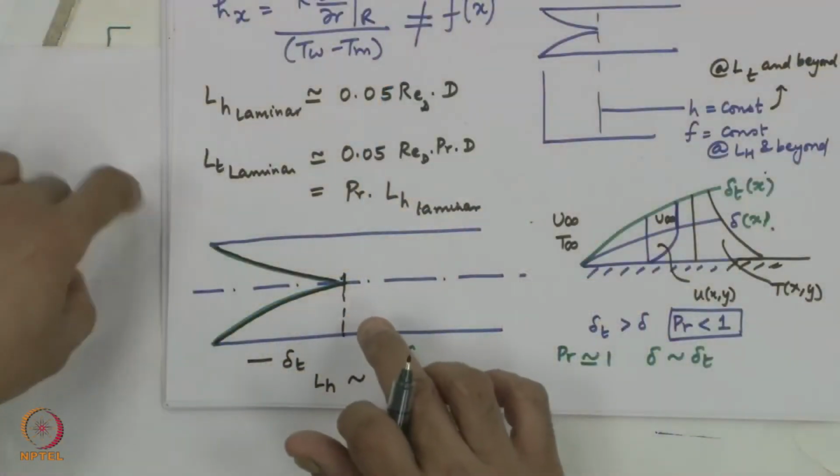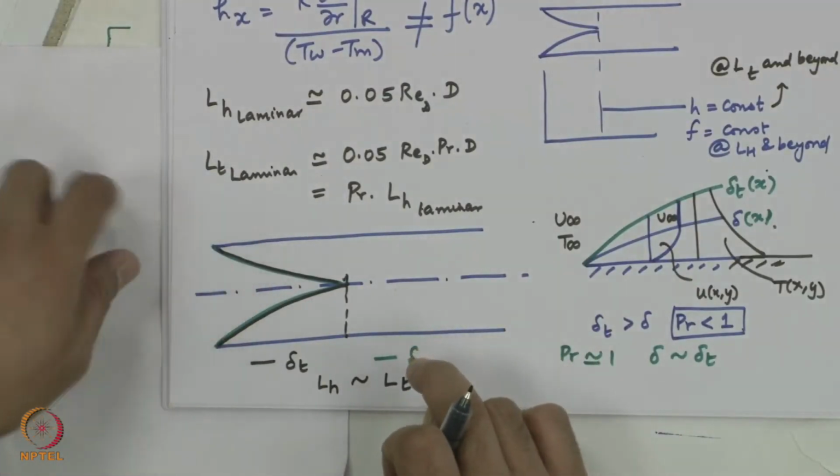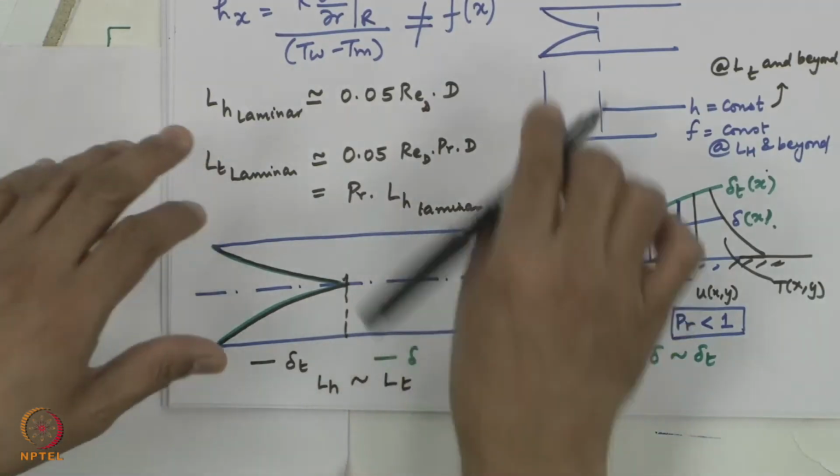What does this mean? This means that the location where the flow is hydrodynamically fully developed is the same as the location where the flow is thermally fully developed. So, beyond this point, please imagine this as 2 pictures being superimposed on each other. The velocity profile, the carrier of the heat, is not going to vary with respect to axial location.